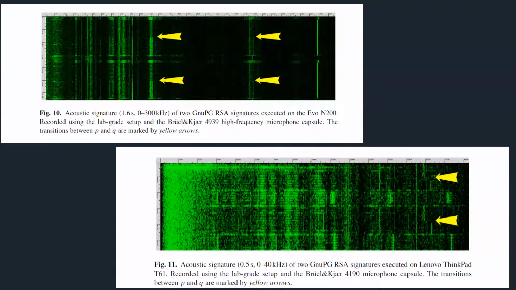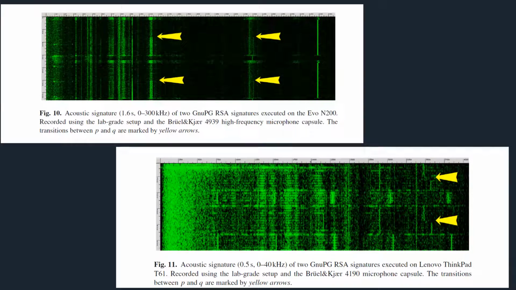Okay, so like they said earlier, there are two signings going on, P and Q. P is the first half, and Q is the second half. Where you see the yellow arrows, you can see P on top, and then you see two horizontal lines. That's where the CPU is in sleep state.